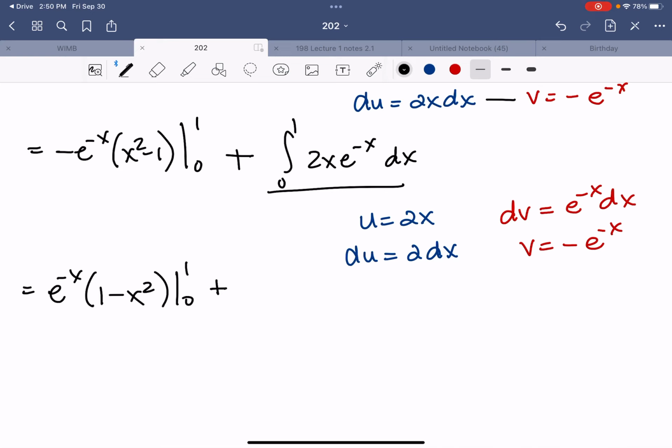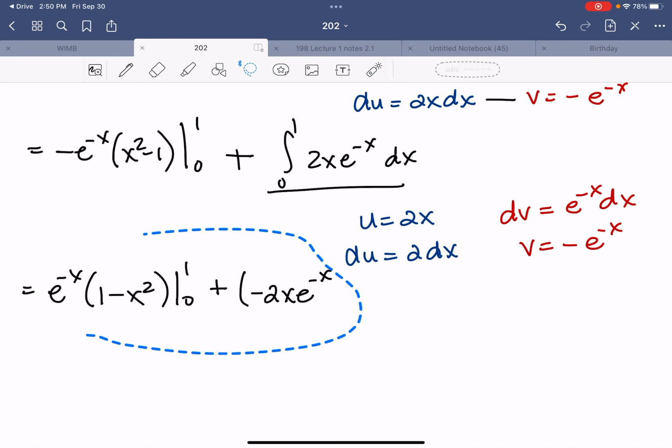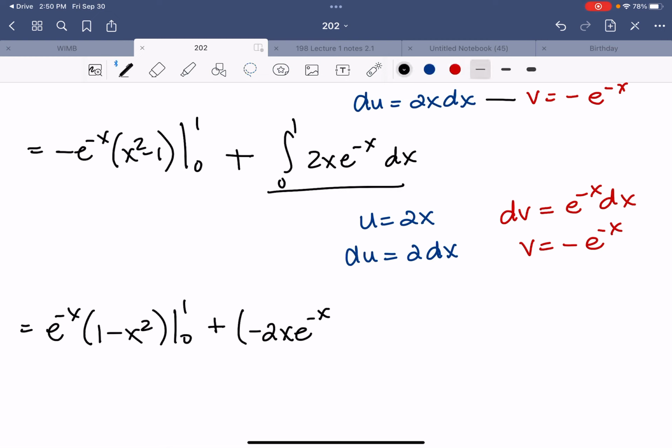Plus, this is going to be negative 2x e to the minus x along the diagonal, minus the integral from 0 to 1, and this is evaluated from 0 to 1.